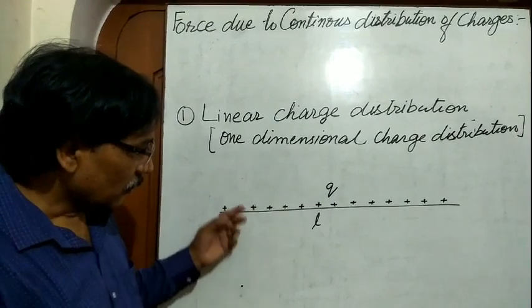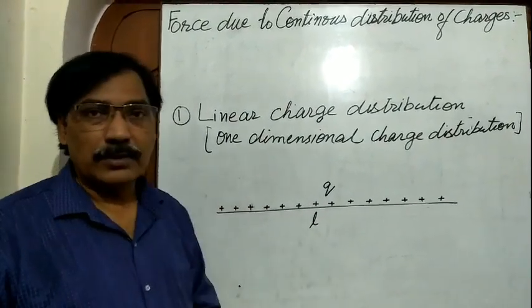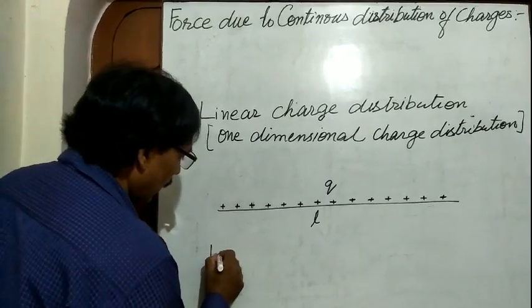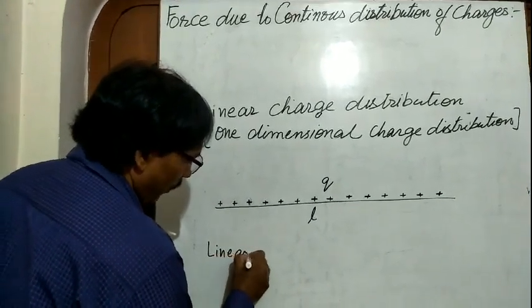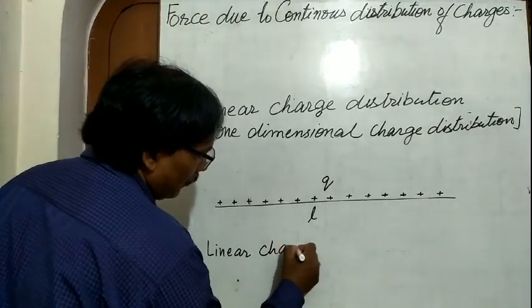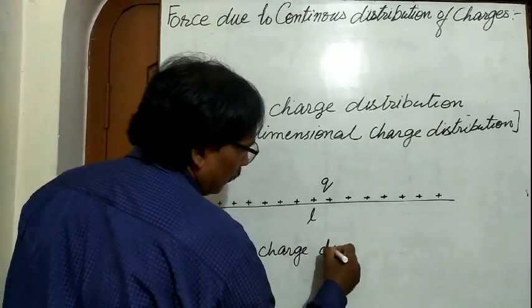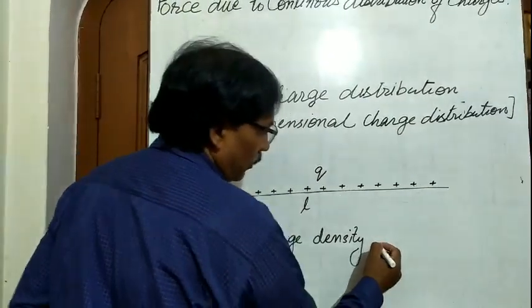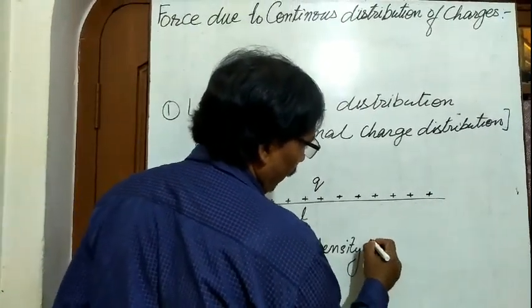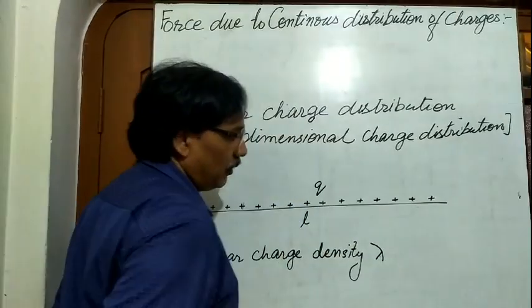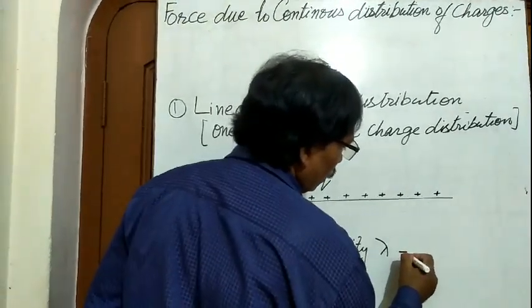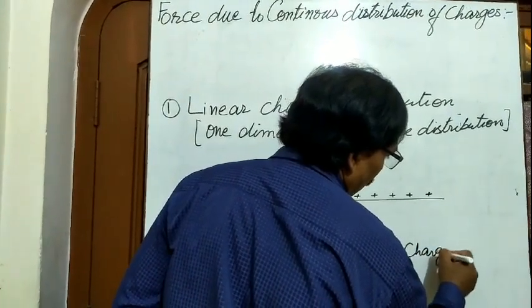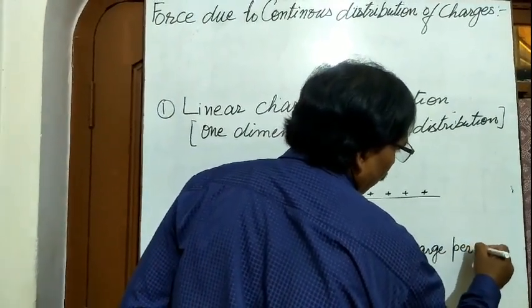Charge per unit length is known as linear charge density, denoted by lambda. Linear charge density lambda is equal to charge per unit length.